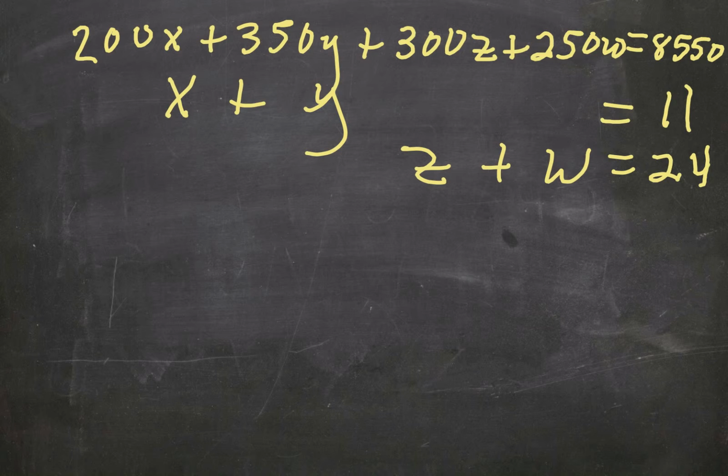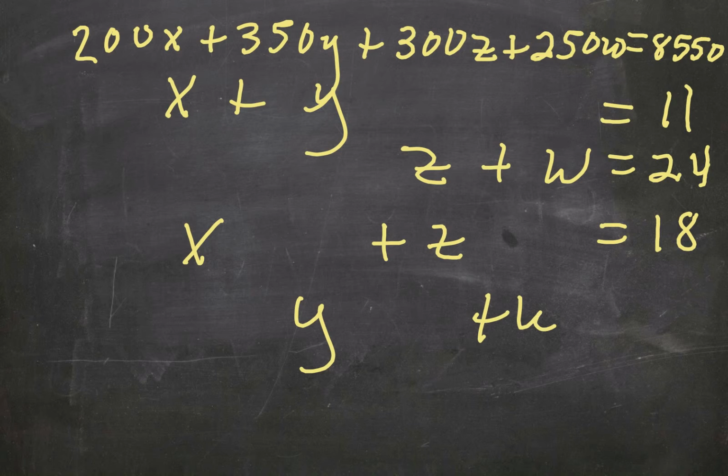Store 1 received 18 loads, so that would be x plus z equals 18. The other one would be Store 2, and those loads equaled 17, so y plus w equals 17. So we have 5 equations that we're going to write in an augmented matrix and then put in our calculator and do a reduced row echelon function to solve.